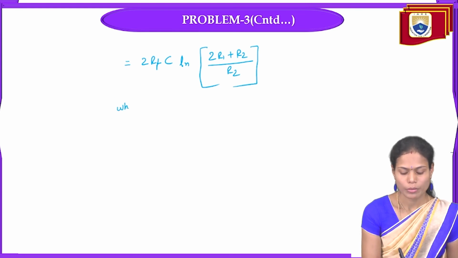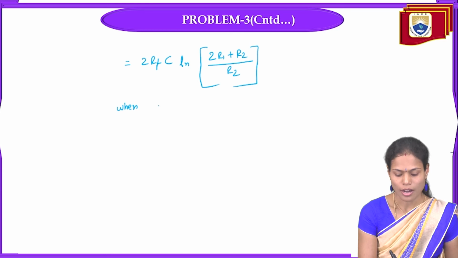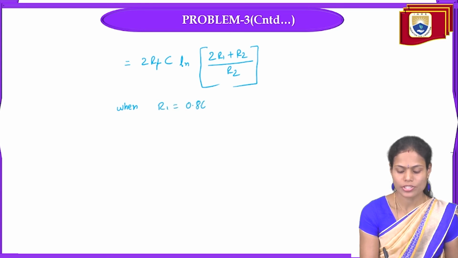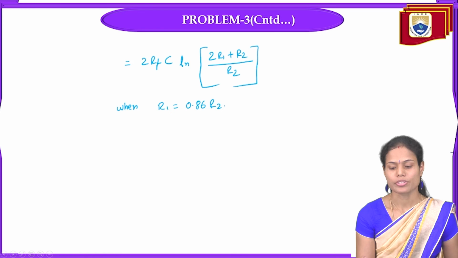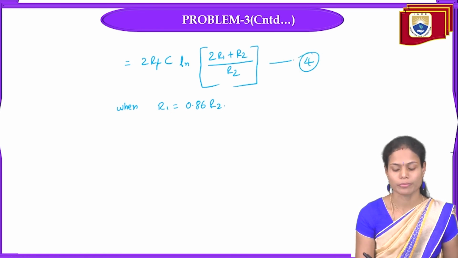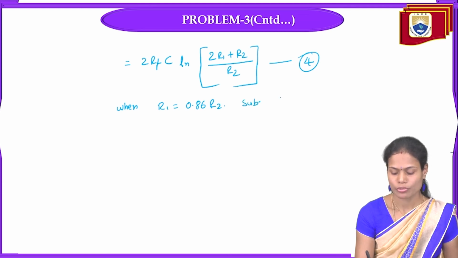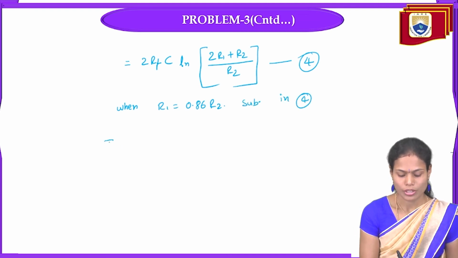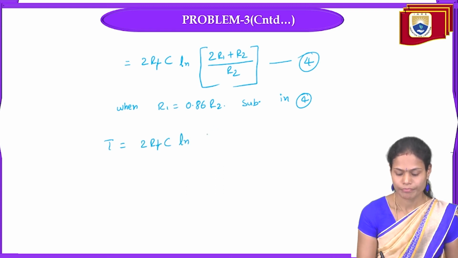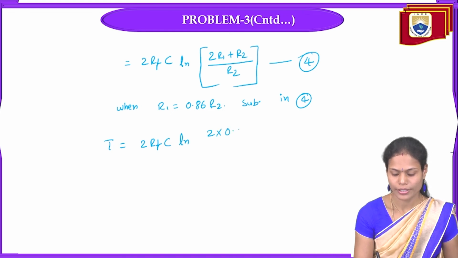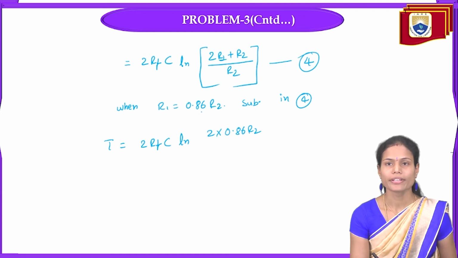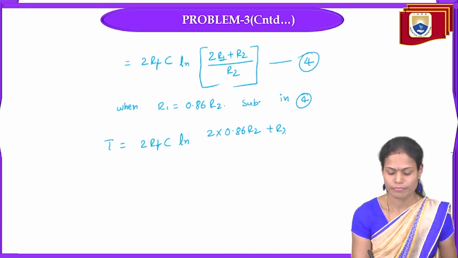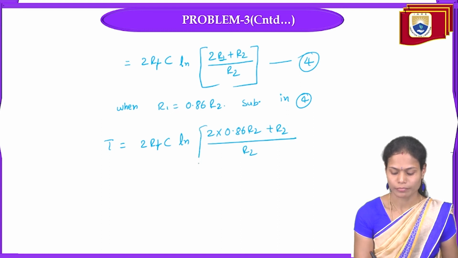So in the problem, they gave the condition that R1 is equal to 0.86 times the R2 resistance. So the same condition I am applying in the fourth equation. Substituting in the fourth equation, now T equal to 2 RFC ln of (2 into 0.86 R2 plus R2) divided by R2, writing 0.86 R2 in the place of R1.